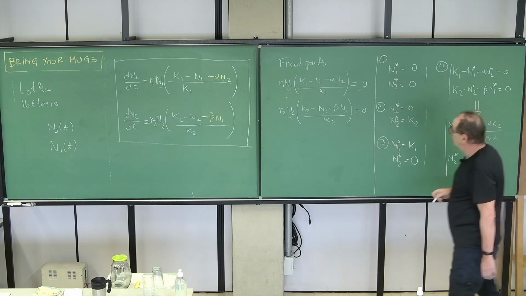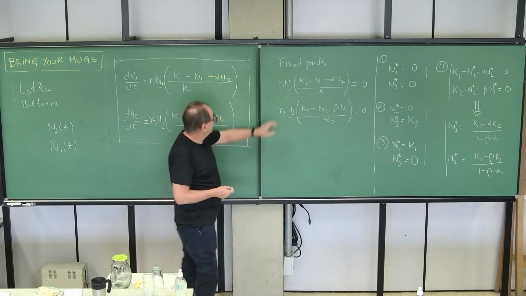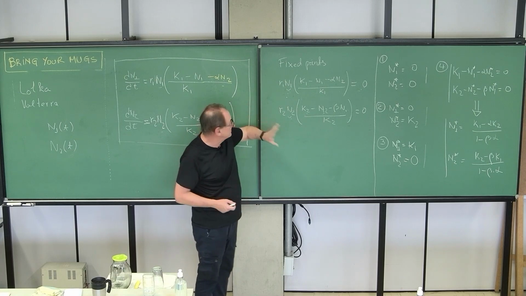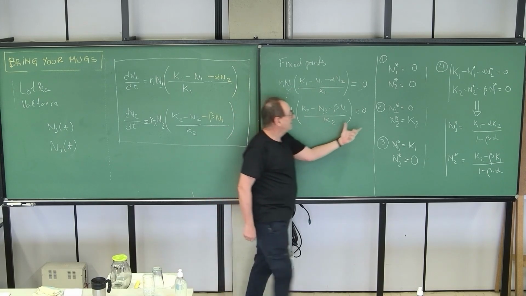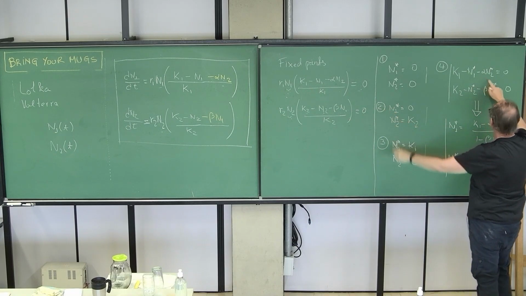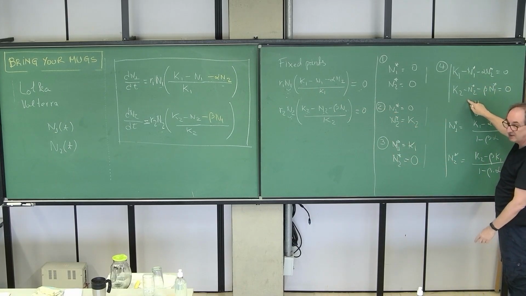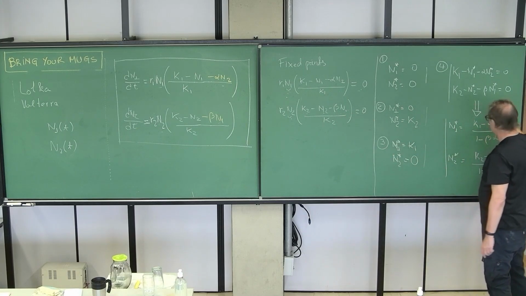And then there's the possibility that none of the populations is 0 at the fixed point. We say n1 and n2 are different from 0, therefore this part has to be 0, and this one has to be 0, which is expressed here: k1 minus n1 minus alpha n2 is equal to 0, and k2 minus n2 minus beta n1 is equal to 0.